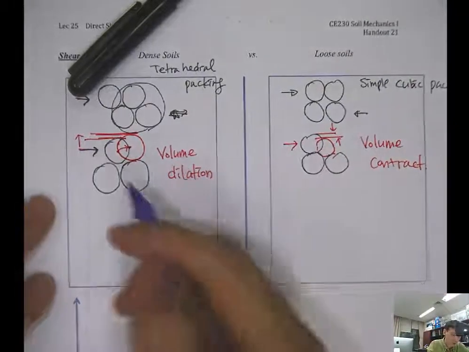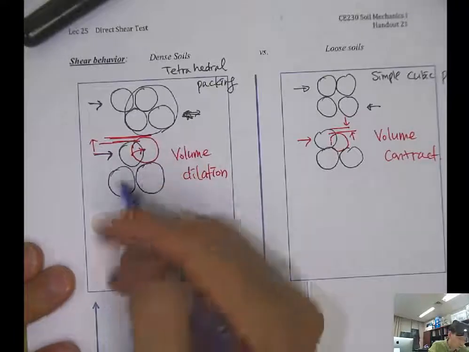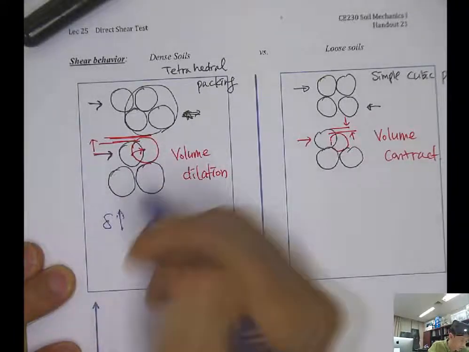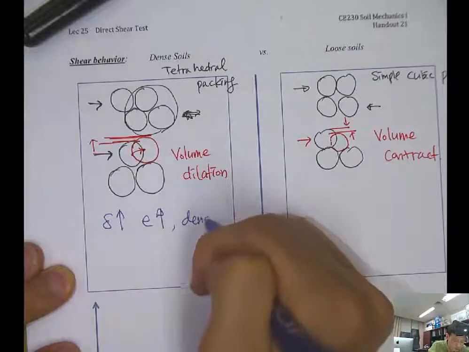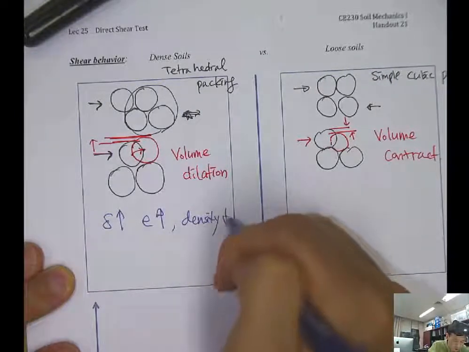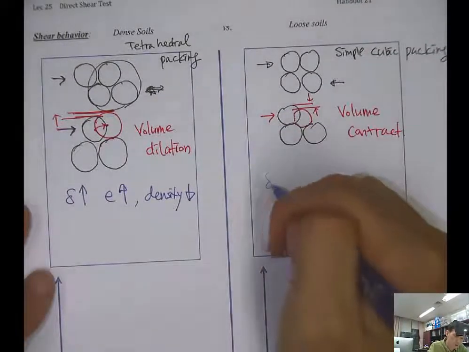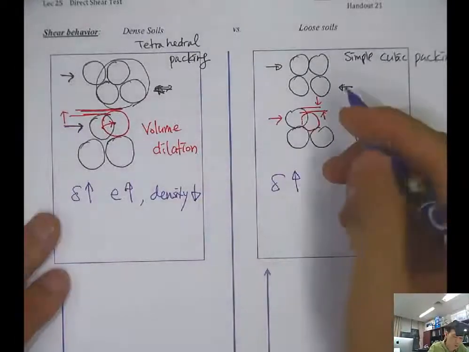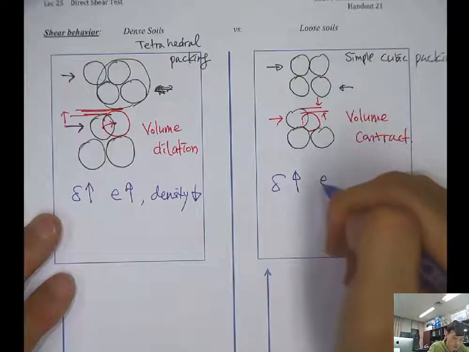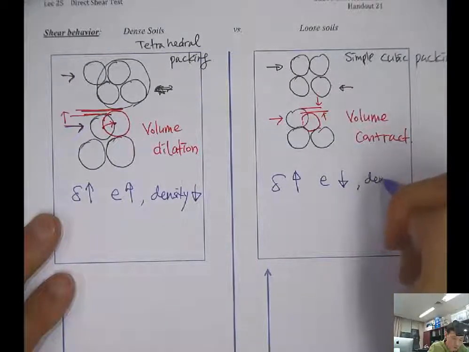Here, when you shear the dense soil, as the displacement increases, the void ratio goes up, so density goes down. But in the loose soil, as the shear displacement increases, the void ratio goes down and the density increases.